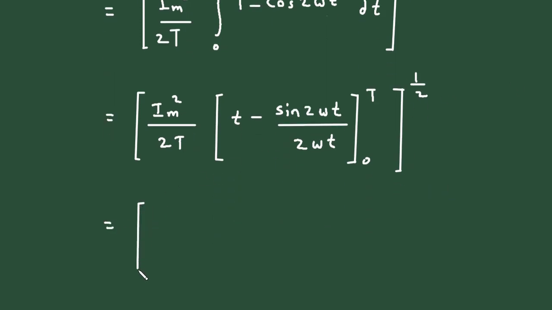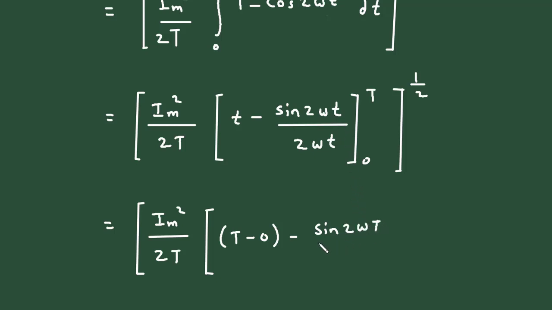So it will be again square bracket Im square divided by 2T in bracket. Now this will be upper limit minus lower limit. So upper limit is T minus 0. Then minus, now here sine upper limit will be 2 omega T divided by 2 omega. We have to replace this small t by capital T. Here there is a little mistake.